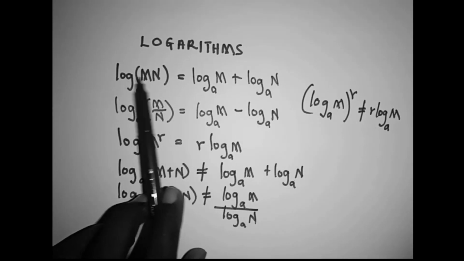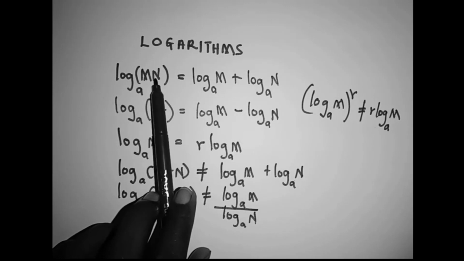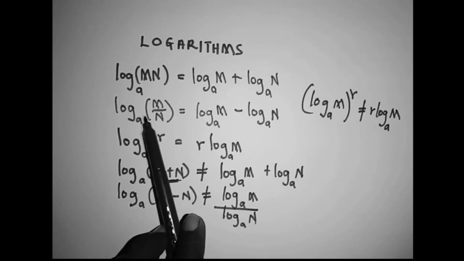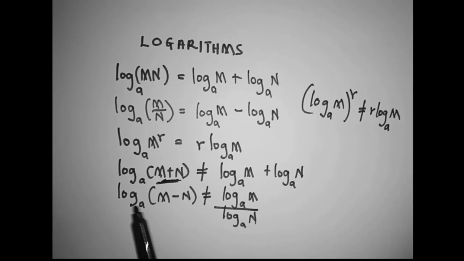And also here is log base a of mn. They are multiplying, but it is not the same as in this case where they are adding. And this one too is not the same as this case where it is m minus n and not m over n. So these are the common mistakes that people make in logarithms that we must take notice of.